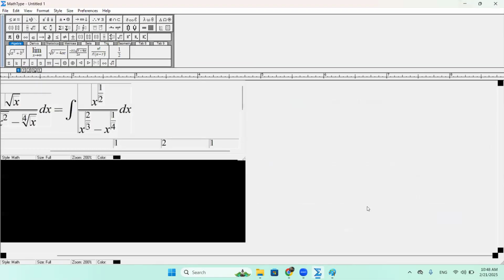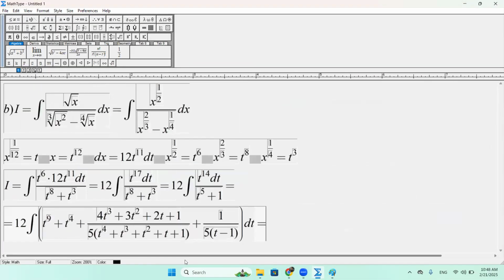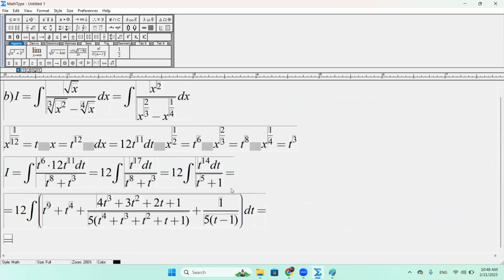So maximizing. So here we have the differential. In the numerator we have the differential of this expression in the denominator.